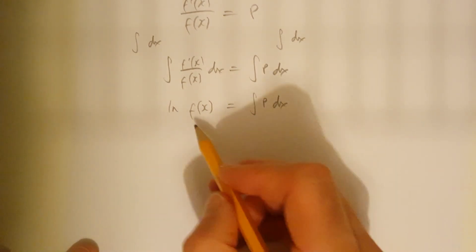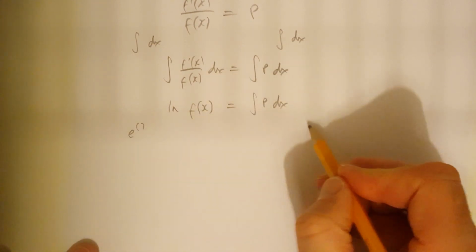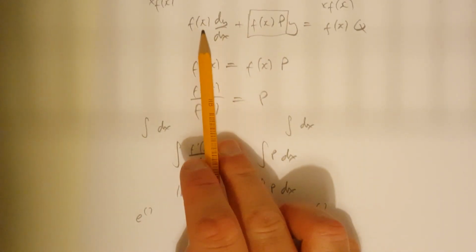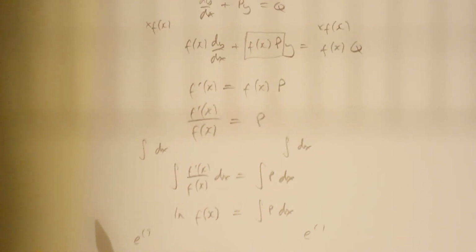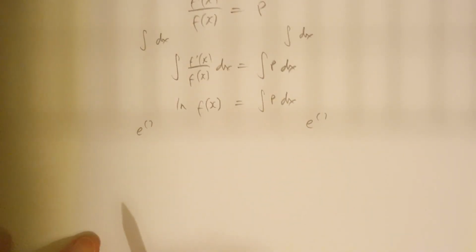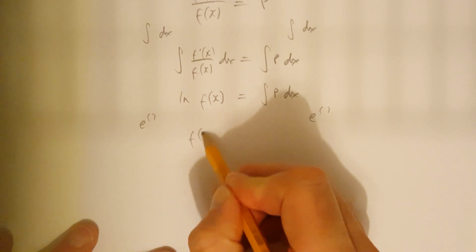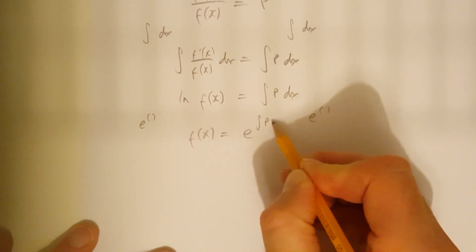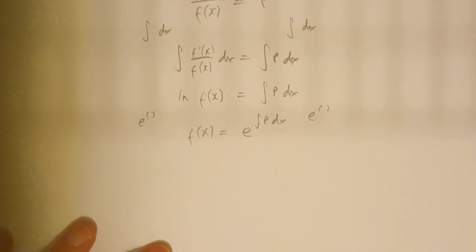So to find out what f of x is, so that I know what I've got to times through by up here at the start, I need to take exponentials of both sides, which then leads me to f of x is equal to e to the power of the integral of p with respect to x.